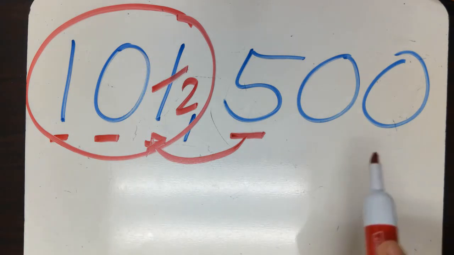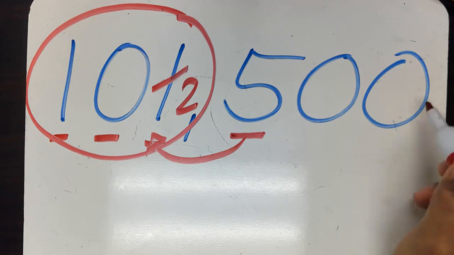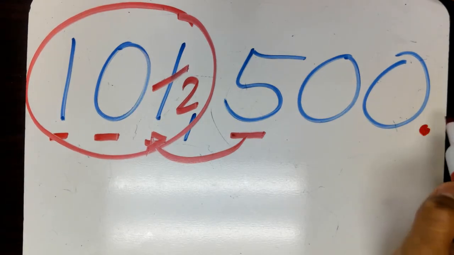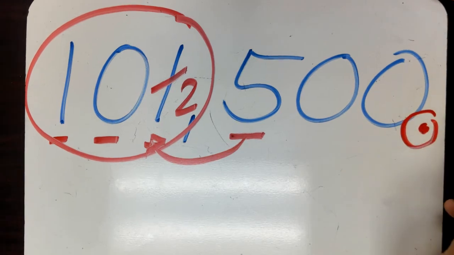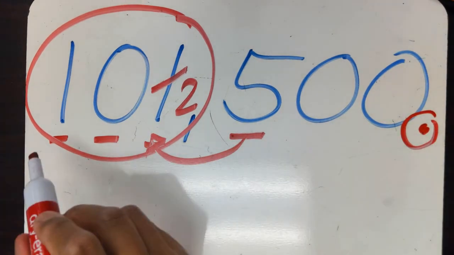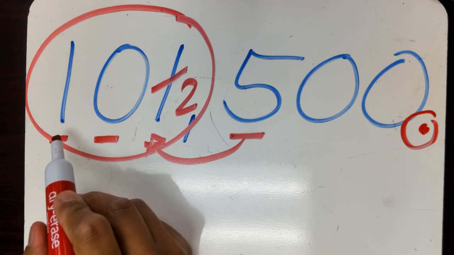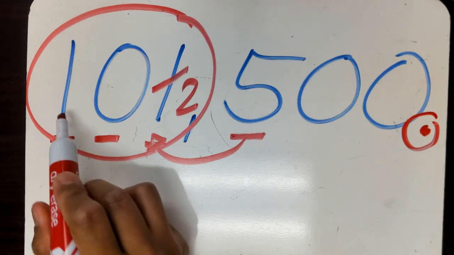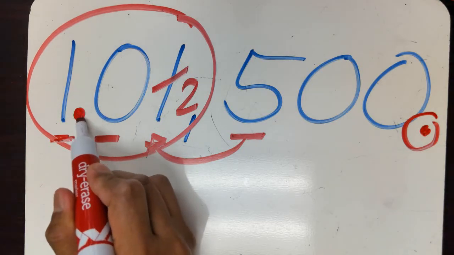Step 2 is we are going to move our decimal point. This is a big number with no decimal point, so it is assumed that the decimal point is all the way to the end. Where will we transfer our decimal point? It should be after your first non-zero digit, which is 1. So we put it here.